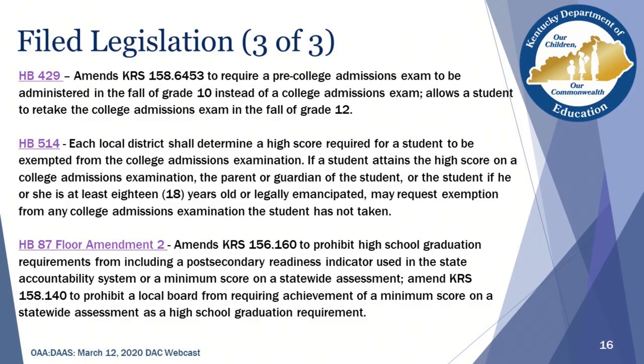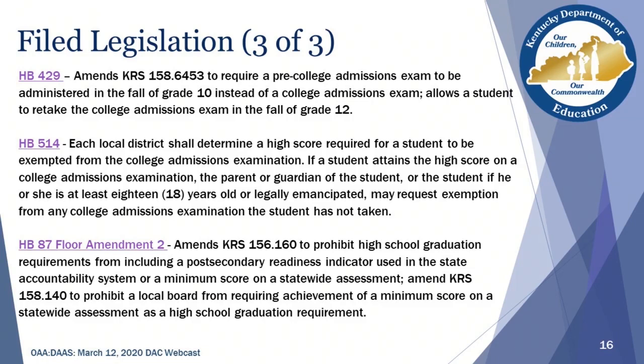House Bill 429 amends the state statute to require that a pre-college admissions exam be administered in the fall of grade 10 instead of the college admissions exam, and allows a student to retake the college admissions exam in the fall of grade 12. Now, this bill does continue the administration of the college admissions exam at grade 11.